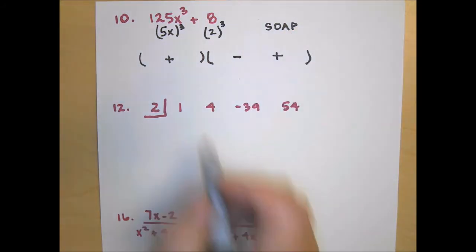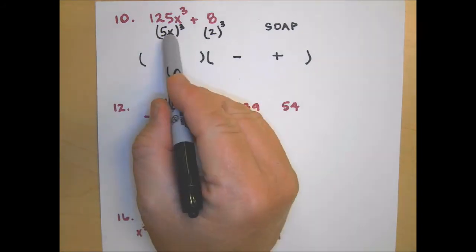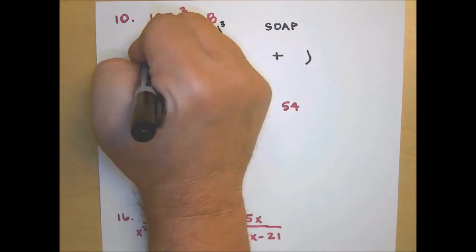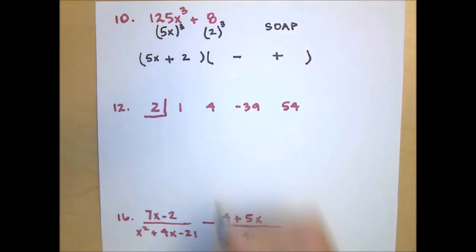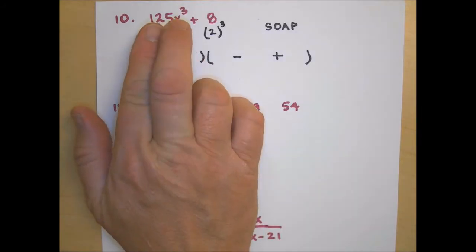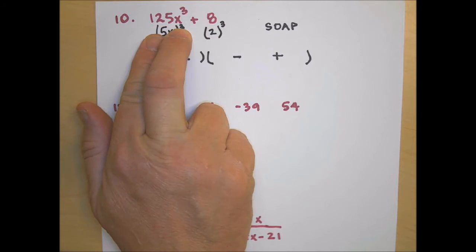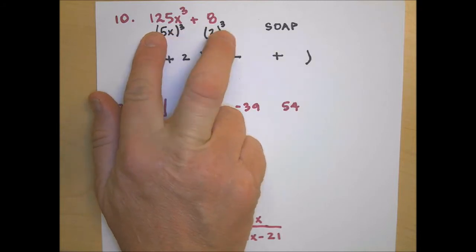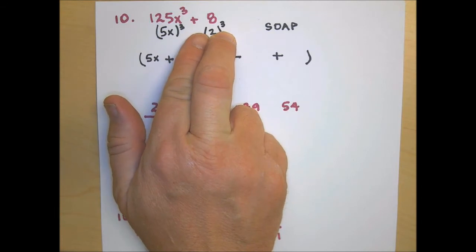Now, the terms we put in the binomial simply represent one of each of these terms, so I'm going to put a 5x right there and a 2 right there. The trinomial starts with 2 of these, then the middle term is 1 of each, and the last term is 2 of those.